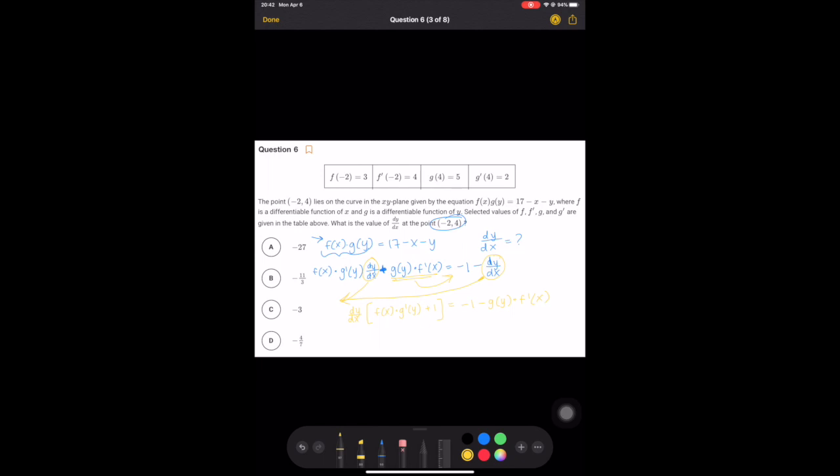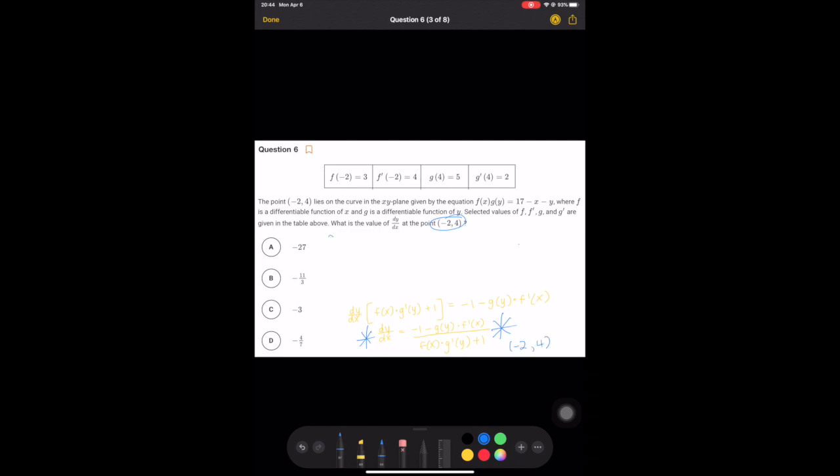And then we divide, so dy dx equals negative 1 minus g of y times f prime of x over f of x times g prime of y plus 1. Okay, I need space, so let me make some space. This is our equation, and now it's a matter of plugging in the point negative 2 comma 4.